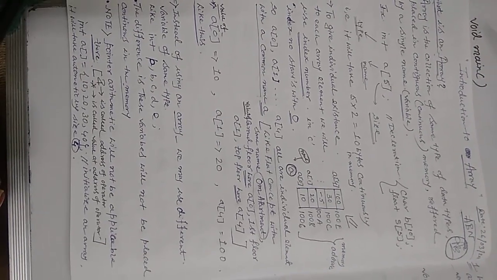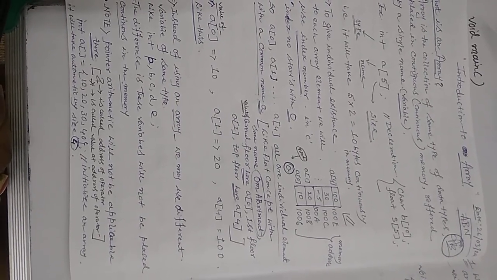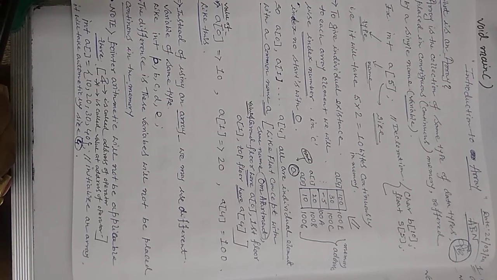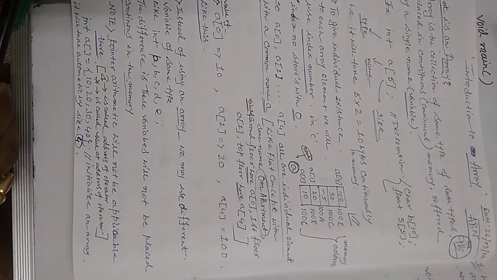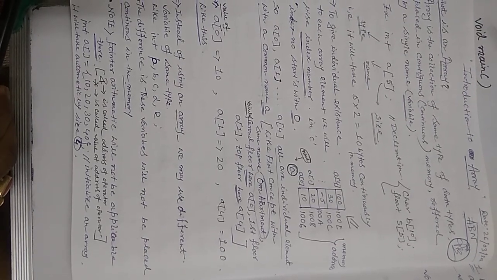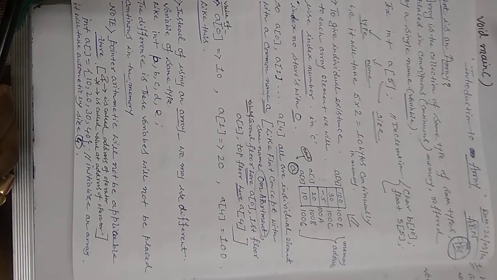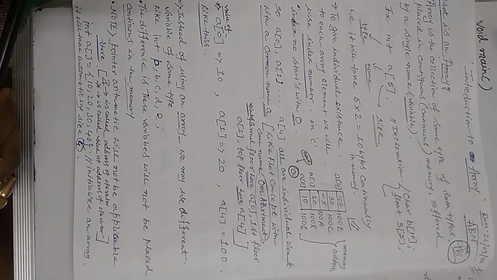Like take a concept: if the Indian cricket team members have been allocated in a particular flat structure, like Mr. Dhoni is in the ground floor, Kohli in the first floor, then Jadeja in the second floor, like this. So instead of Mr.